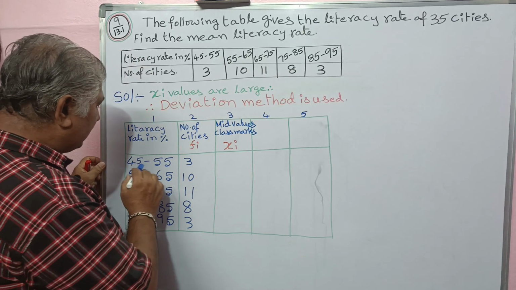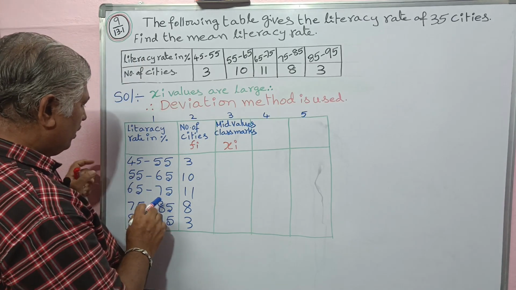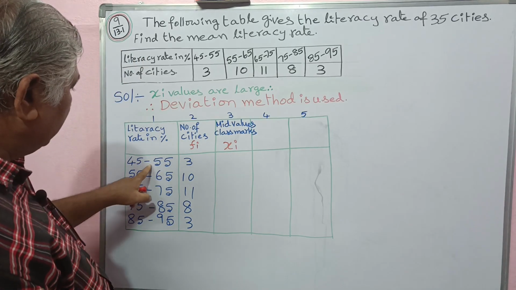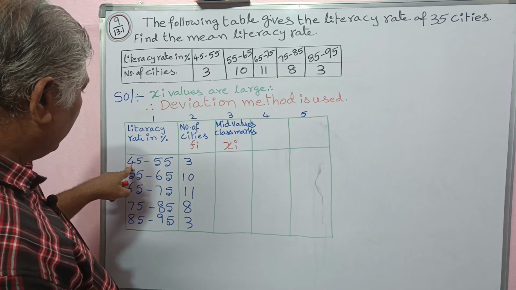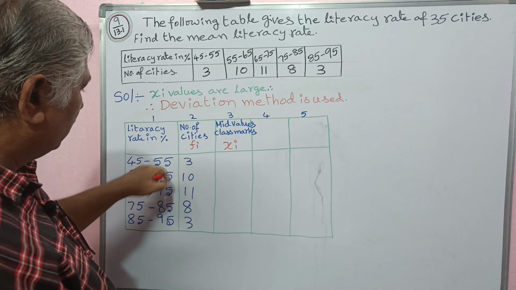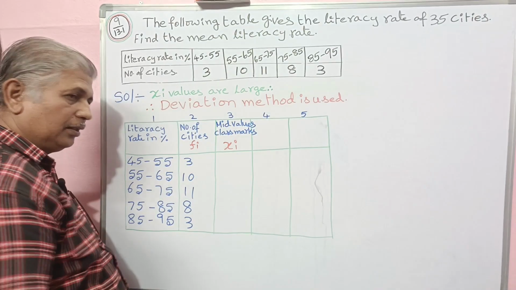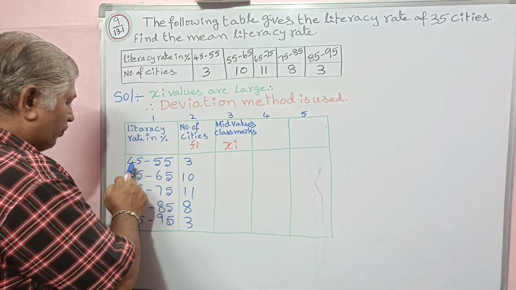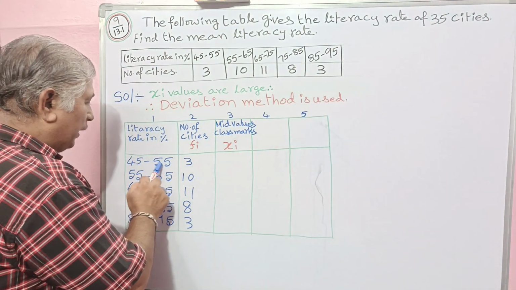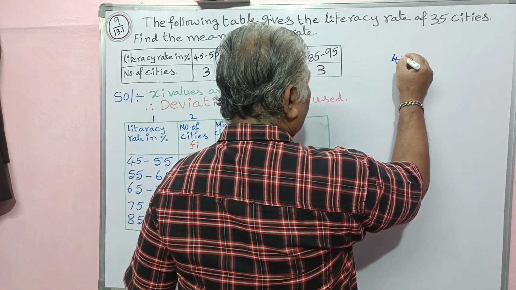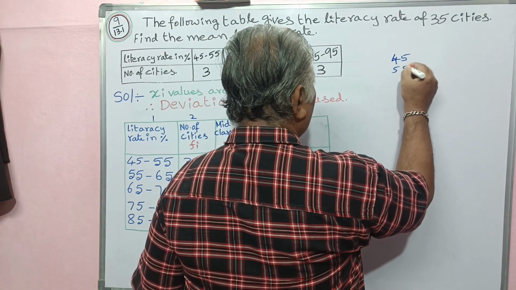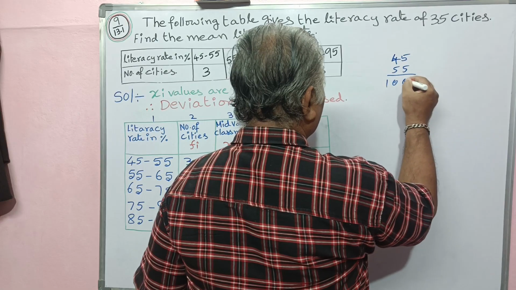How can we find the Xi values? In these class intervals, the lower limit and upper limit are there. Add them. 45 plus 55, add them, 100.